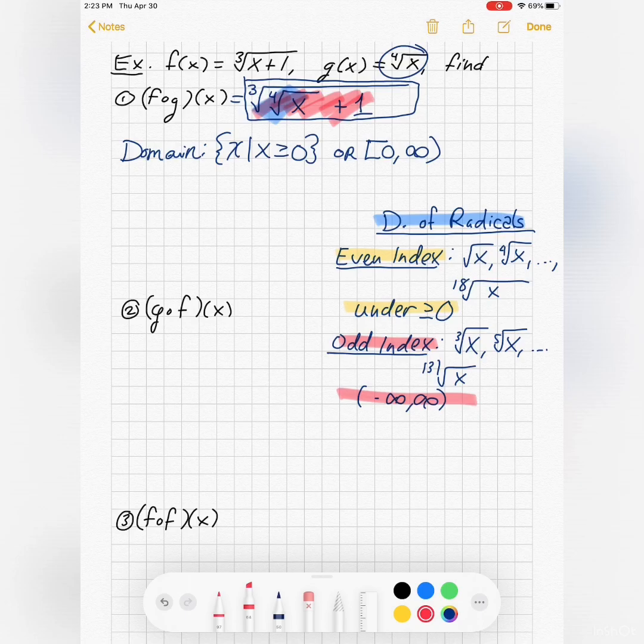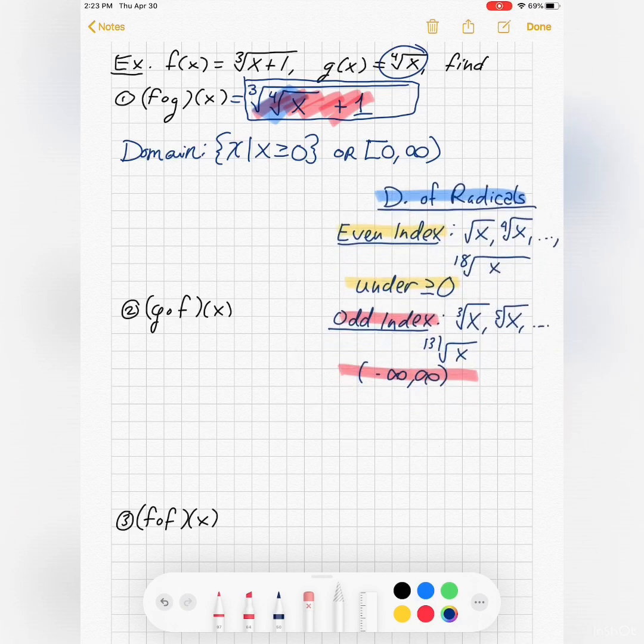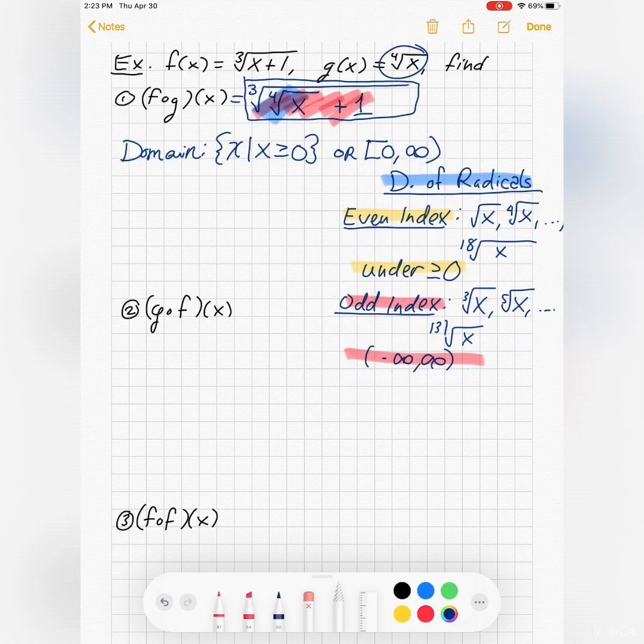Okay, so I'm going to do g of f. What are we doing here? We're taking the f function, plugging it into g. So this is going to be the fourth root of the cube root of x plus 1.